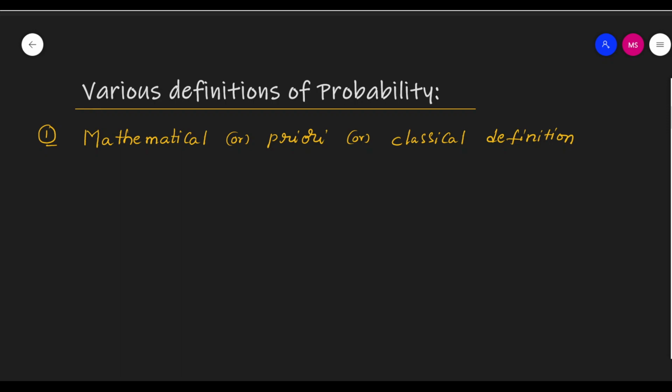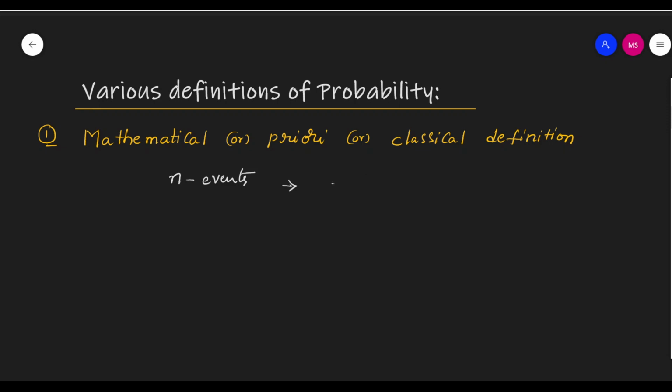Now suppose you have conducted a trial, or you can take any type of random experiment. If a trial is conducted, there are n events.